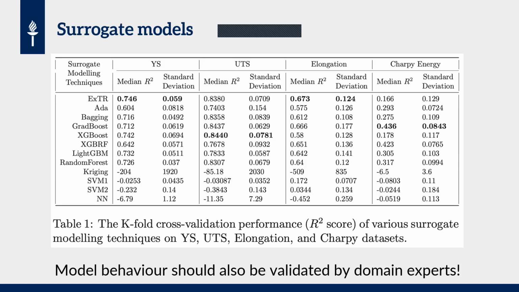So this EXTR, which is extremely randomized trees, seems to be the best one for yield strength, but this XGBoost based model seems to be the best for UTS, and so on and so forth. So based on these tests, we have a choice for each one of these surrogate models. Again, we are not using the same surrogate model for all 4 objectives.